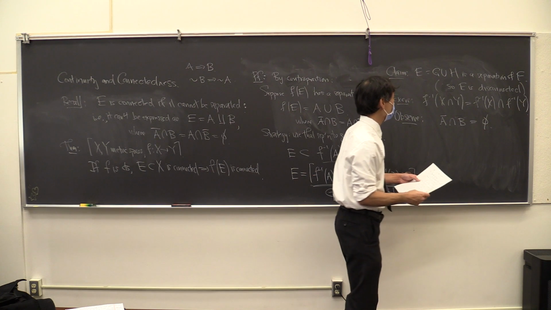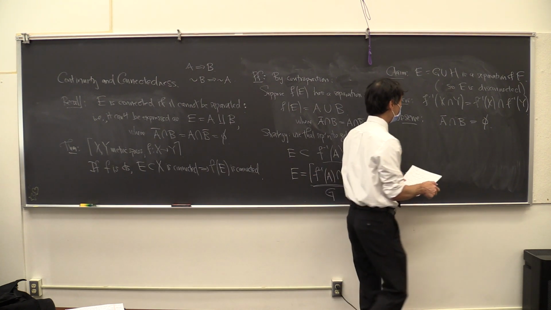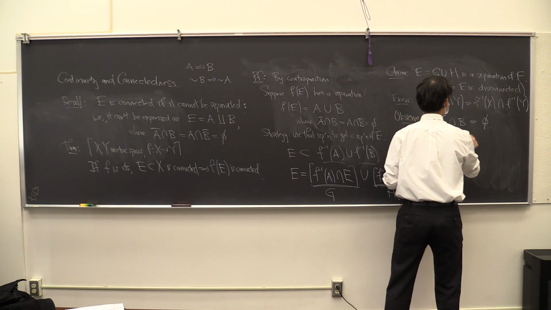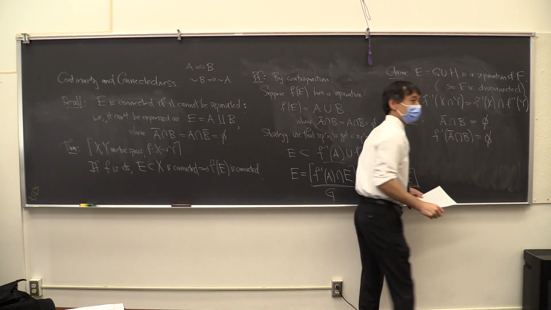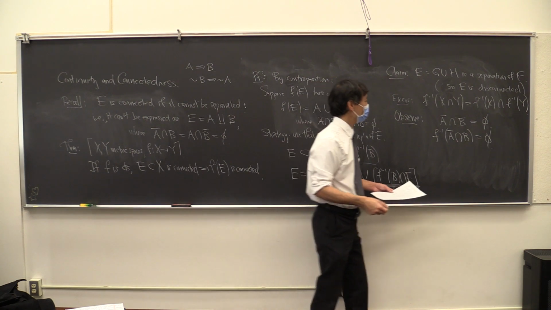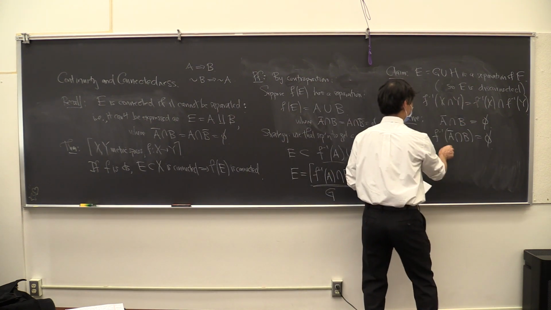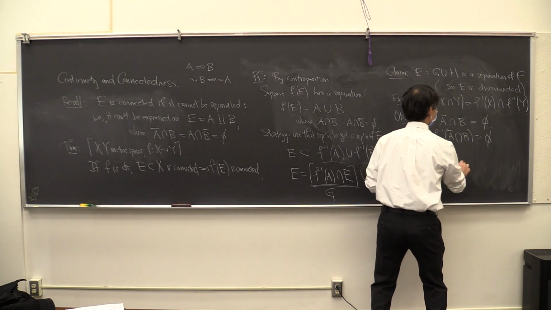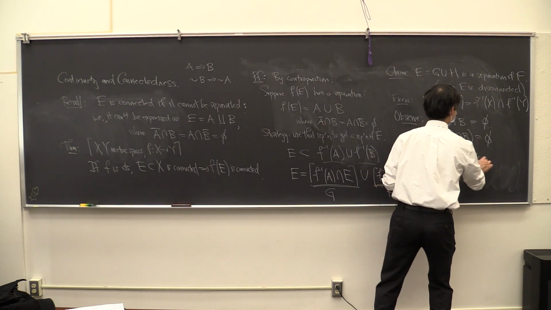Doesn't matter. I'm going to write A bar intersect B is empty. So that tells me that the inverse of A bar intersect B is empty. And I'm going to use this fact here. This tells me that f inverse of A bar intersect f inverse of B is empty.